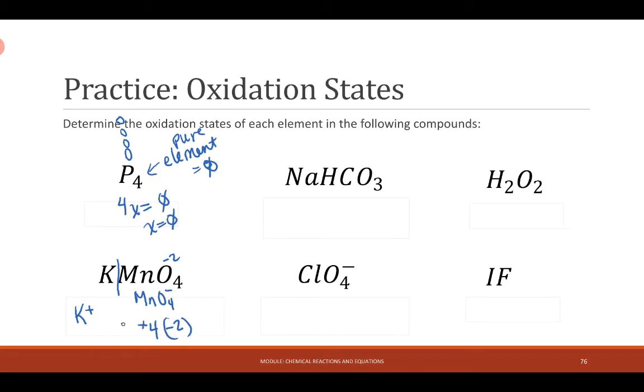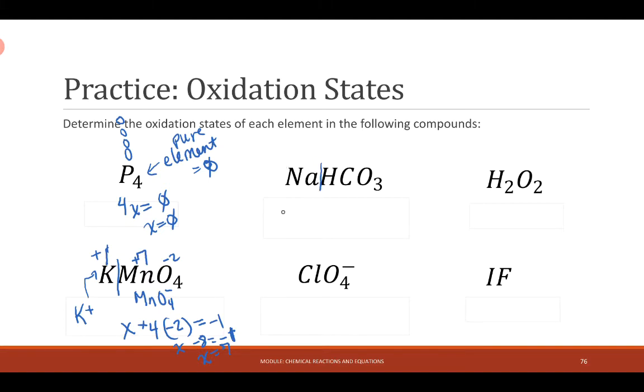And so manganese is x, and MnO4 is normally a 1- ion. And so that's x minus 8 is equal to -1, and so x is equal to 7. So manganese is a +7, and the potassium is a +1 charge, and so it's a +1 oxidation state.